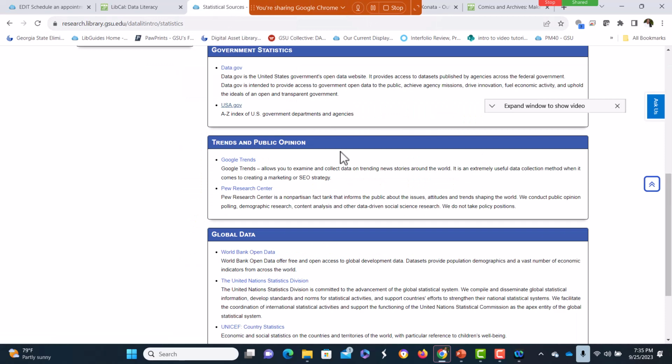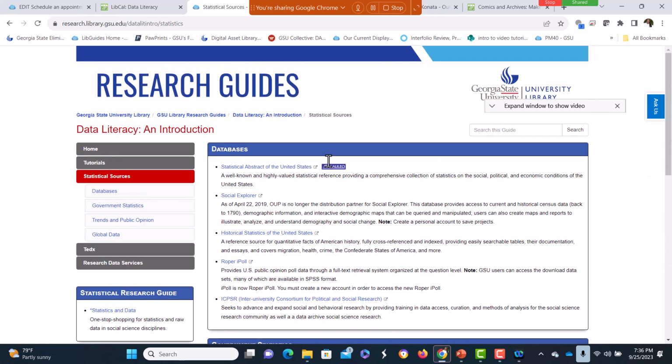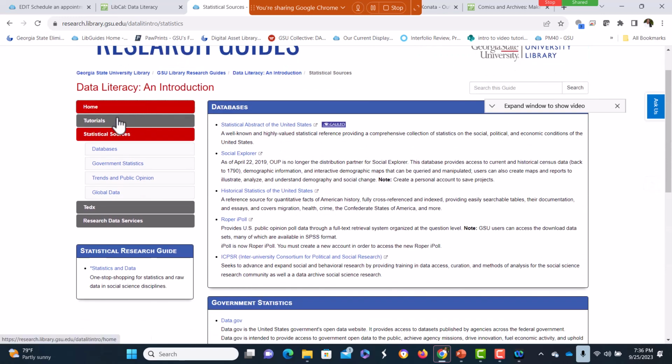Okay. So anytime you're looking for statistics that may be from a government agency, you can also go to data.gov. You can find the agency here, usa.gov. But I want to show you a lot of this is in one of our databases, Statistical Abstracts of the United States.